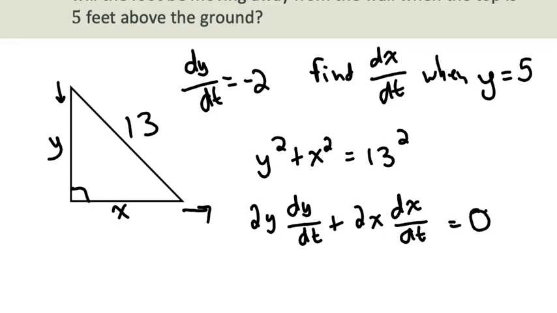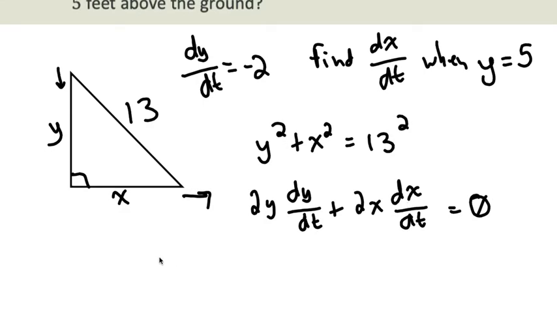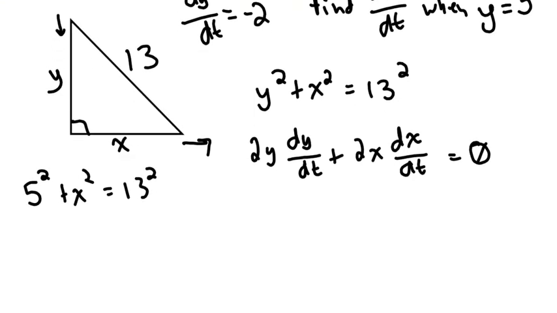Again, it's just a constant, that's 0. And we have a similar problem as in the last one. We have y, we have dy/dt, we don't have x. Same thing that we did in the last one. We need x, so we're going to use the Pythagorean theorem, 5 squared plus x squared equals 13 squared.